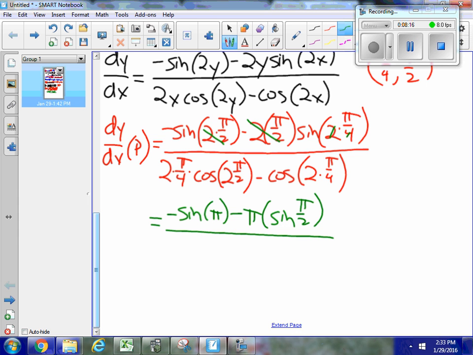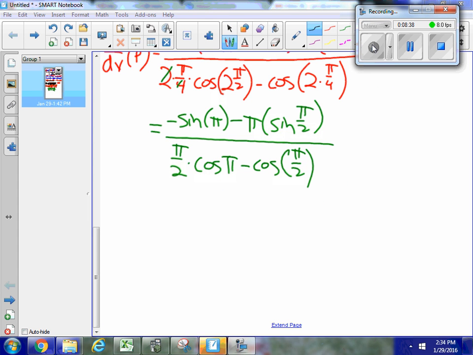Divided by, well, 2 times pi over 4 is pi over 2 times cosine pi minus cosine pi over 2.